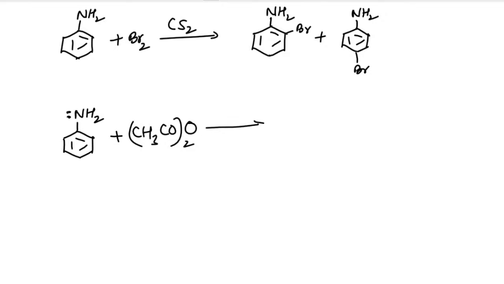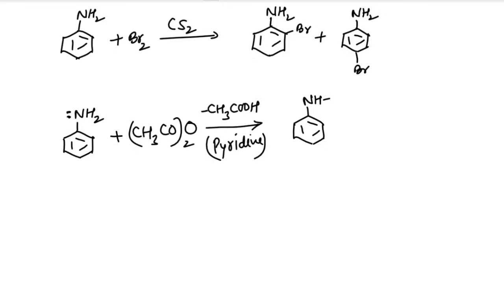When we treat it with acetic anhydride, there is a removal of acetic acid in the presence of pyridine, so that the acid formed is neutralized and we get the product like this. This is also called acetylation of aniline.